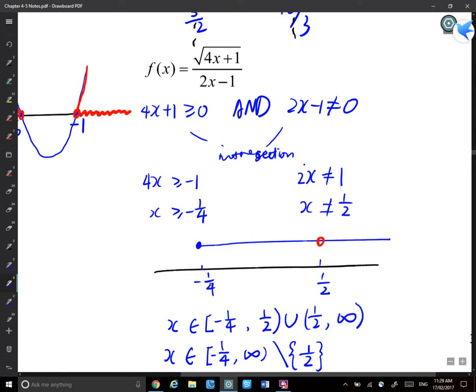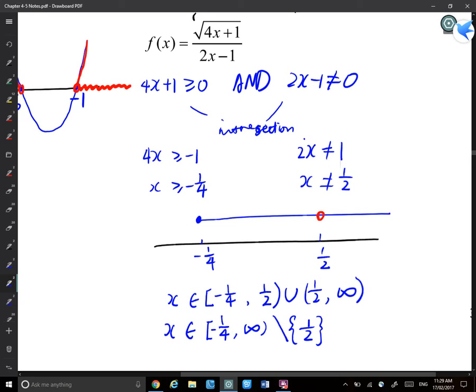The curly bracket can make a number become a set. Add curly brackets around the number, and that means it's a set with only one element, which is a half. So from negative a quarter to infinity, I want to exclude a half. That's the way of writing it.